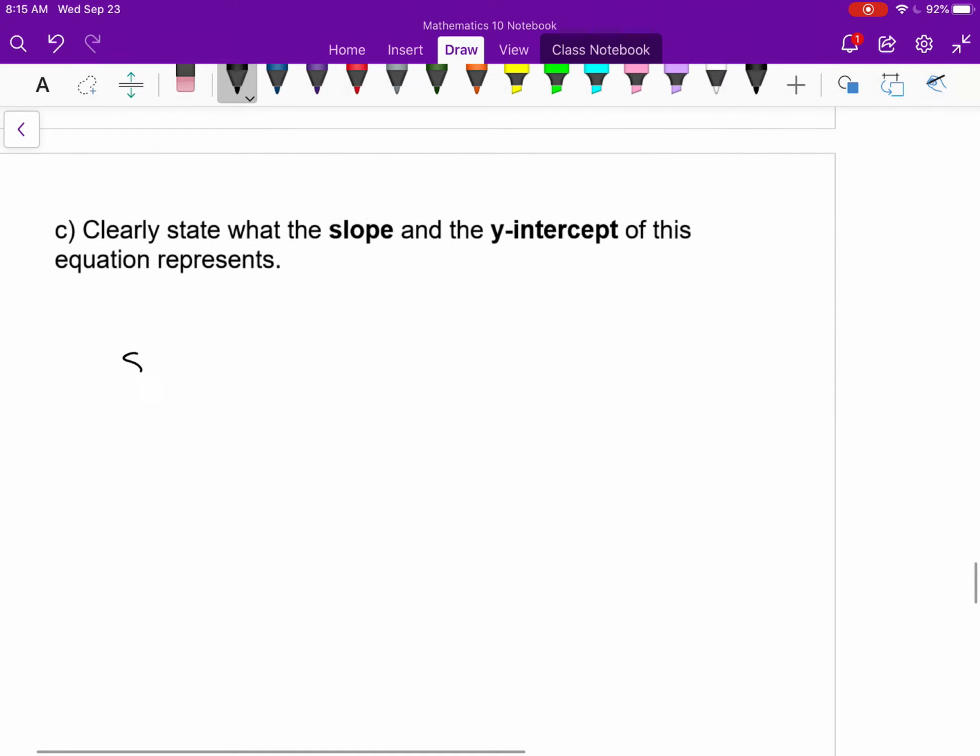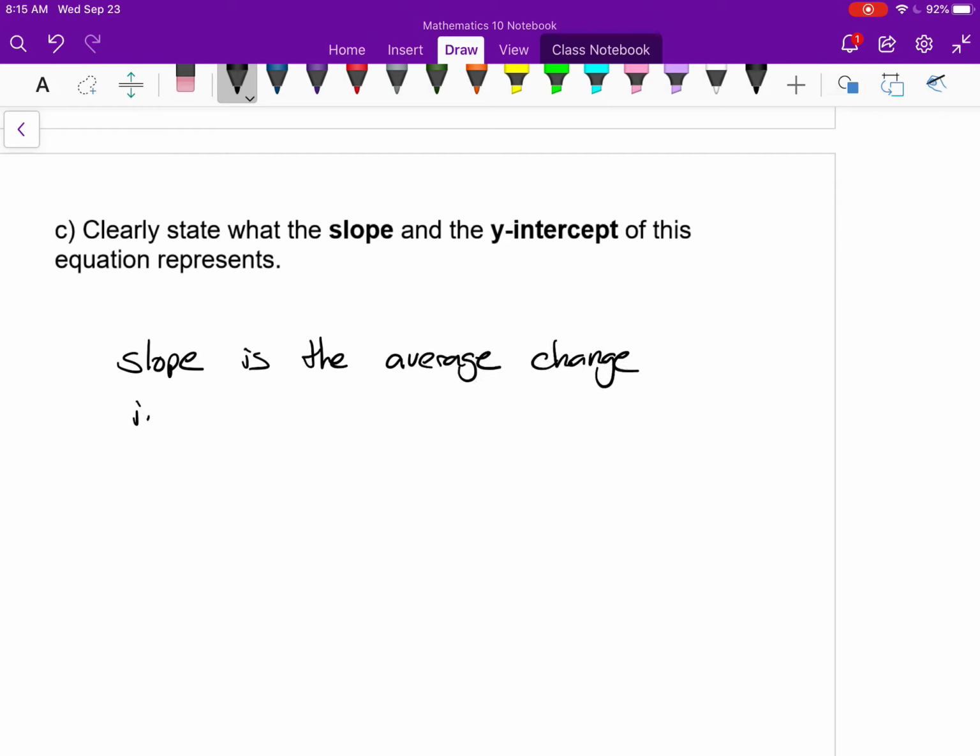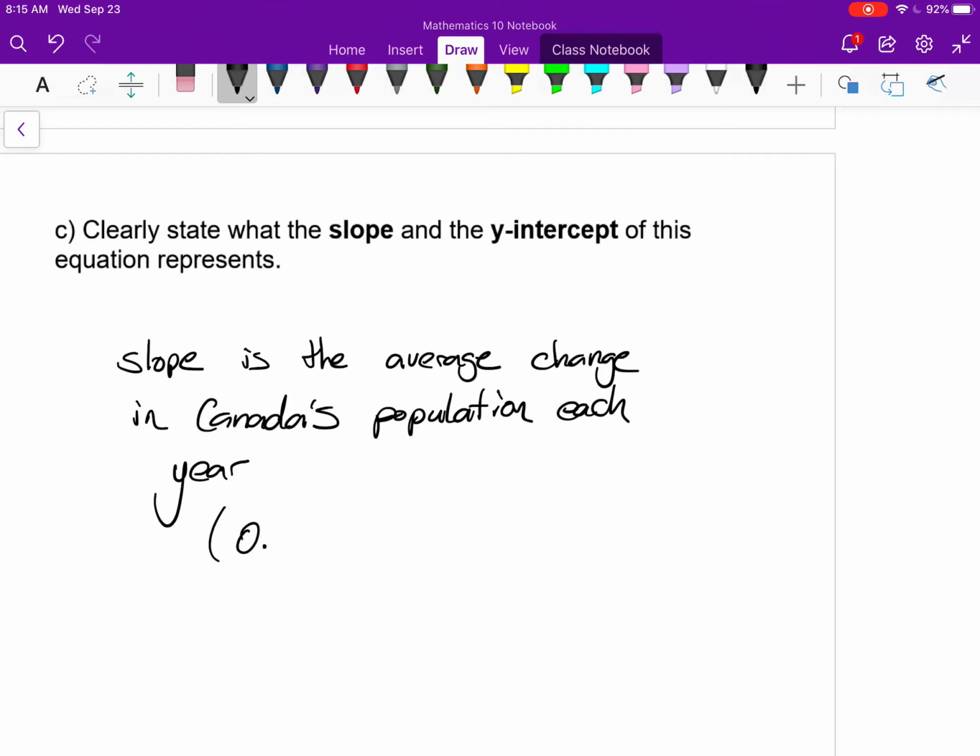And so the slope is the average change or average increase in Canada's population each year. So even better than just this is to say, it's about 0.314 million.